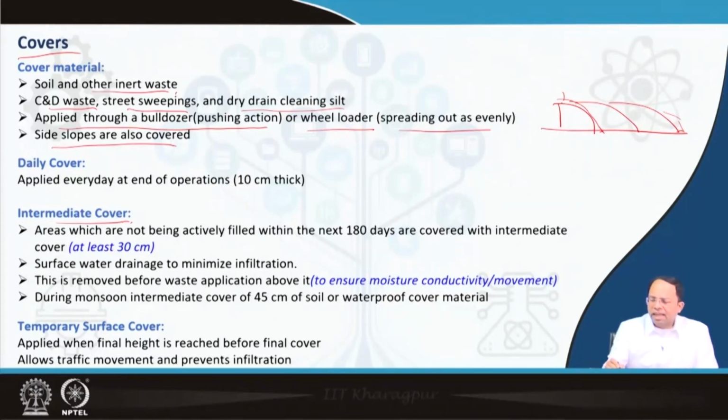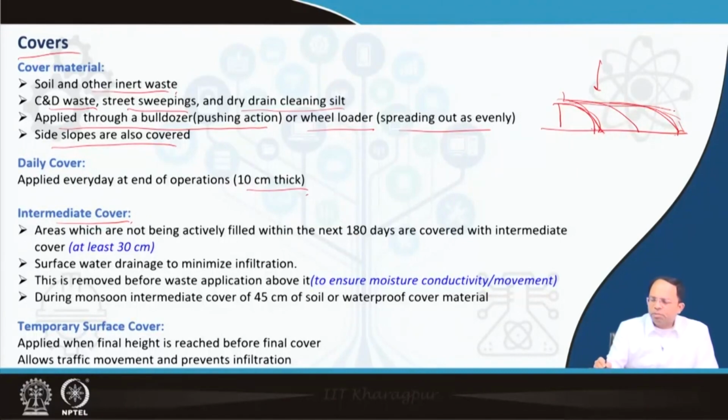Why? Because this area is left unattended. Precipitation may happen and water may get inside. So instead of just a 10 cm cover, which we give because the next day again we will work on it and give another 10 cm, and so it will go on, right?